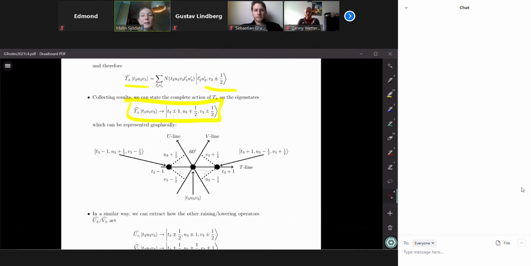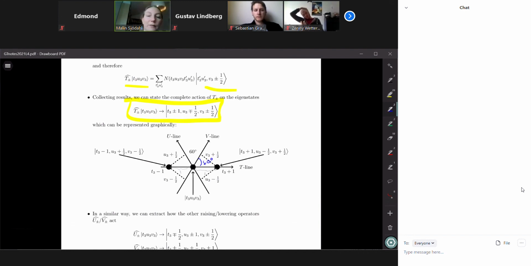However, we see that when we have acted with T plus, so when we have gone in that direction in T space, we have actually increased V by 1 unit. So V has increased to V3 plus 1/2. So taking 1 step in that direction, we take half a step in the V direction. That means that the V direction must be separated by an angle of 60 degrees.